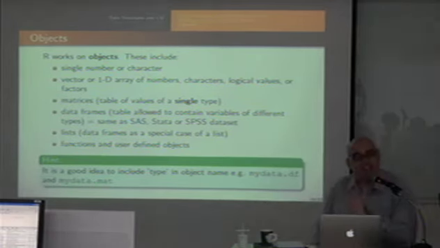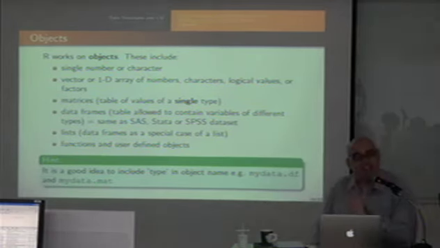If it was a data frame, I might call it mydata.df. Okay? It's a very good idea to do it. You don't have to, but it will save a lot of pain later on. So mydata.df would be a data frame.